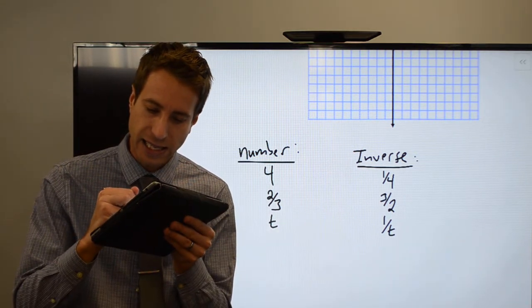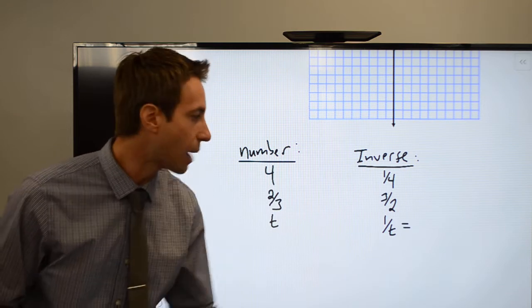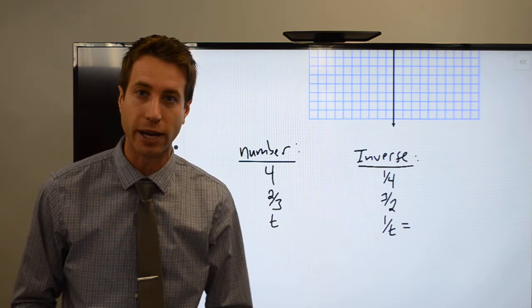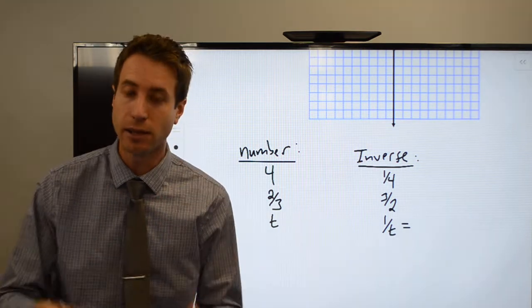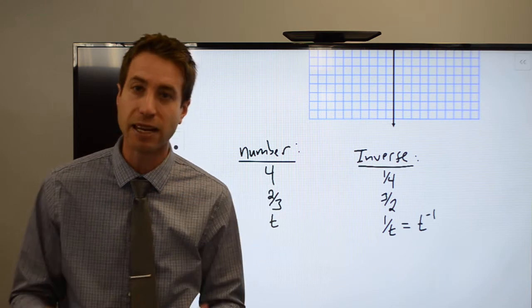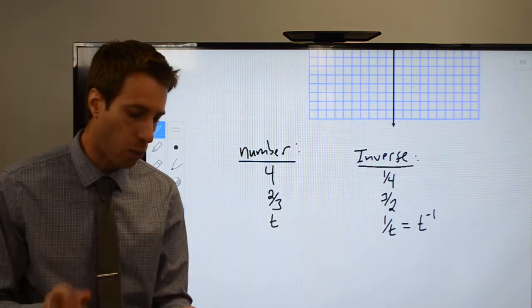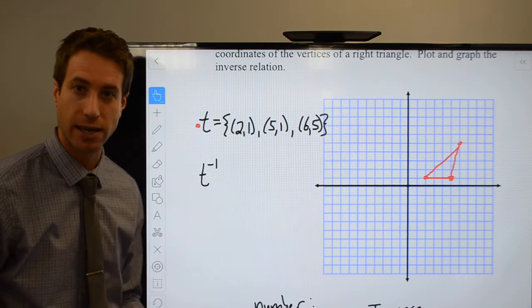So since that t is in the denominator and I want to bring that t to the numerator, I can do that by changing the sign of its power, which is to the first power. So that is the same as t to the negative 1. And now you know why I call the inverse relation t to the negative 1.